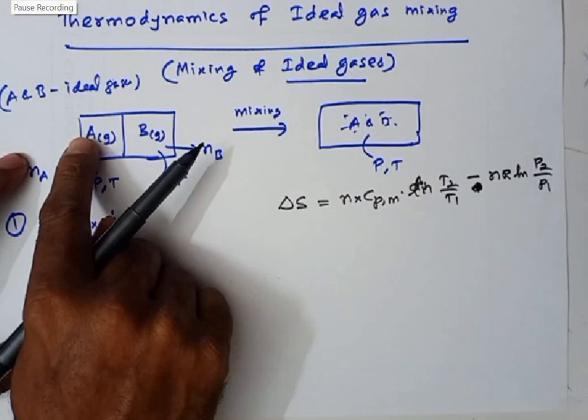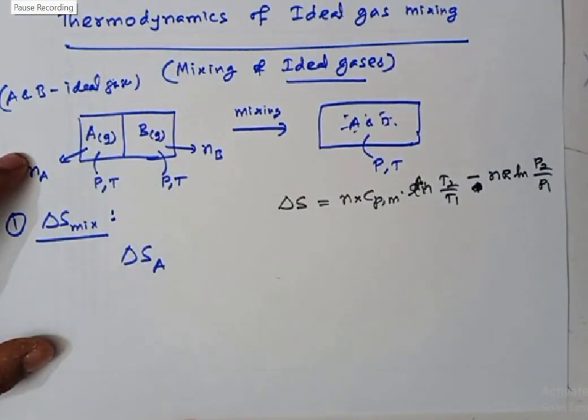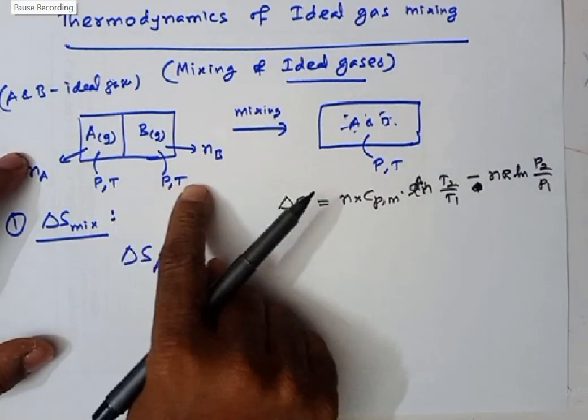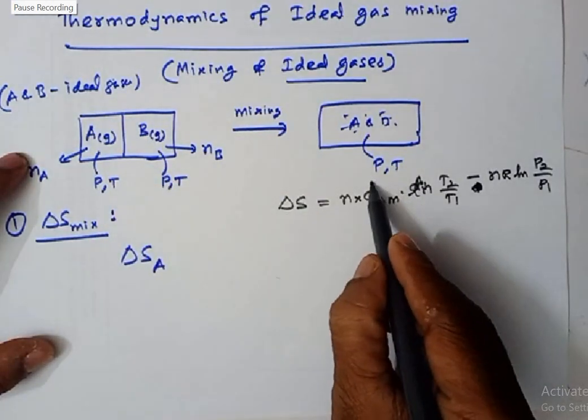Now we are going to find out change in entropy for gas A first. Observe carefully. Here temperature is constant, therefore this becomes 0.